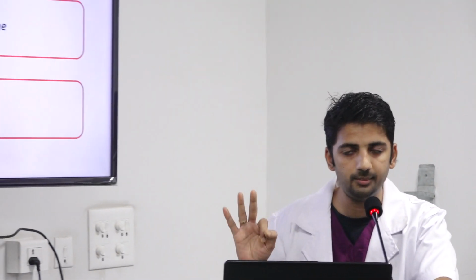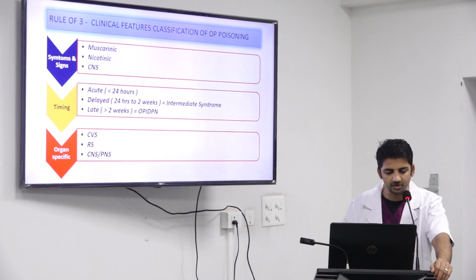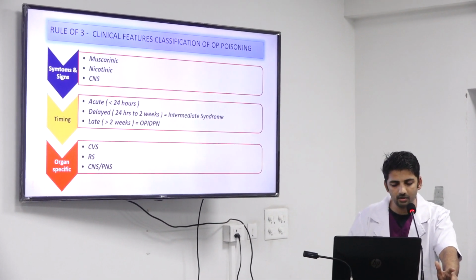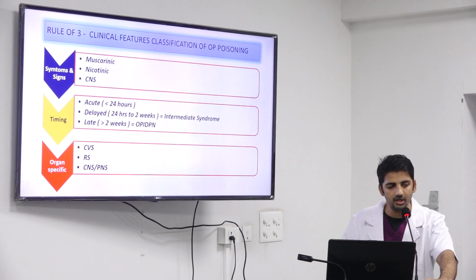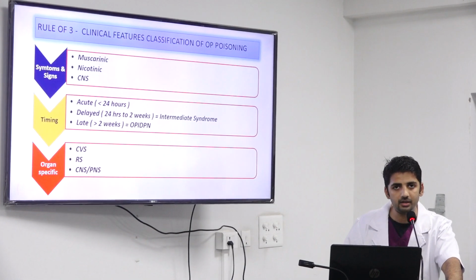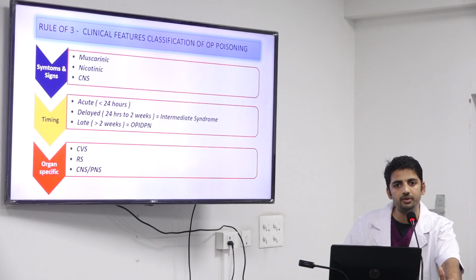So coming to the clinical features, the rule of 3. Based on symptoms and signs, it can be divided into 3: muscarinic symptoms, nicotinic symptoms, and central nervous system symptoms. Based on the timing of presentation of the poisoning, it can be divided into acute, delayed, and late. Acute is the patient presenting with muscarinic symptoms within 1 day. If the patient presents with symptoms after 1 day up to 2 weeks, it is delayed.